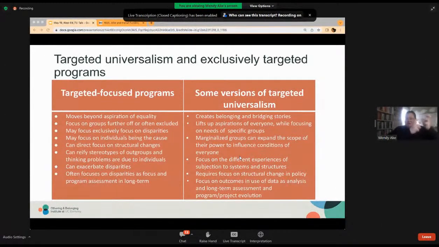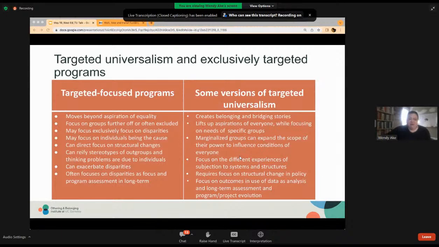Often, if you start to disaggregate those groups, which a lot of equity projects do, a lot of targeted programs take that into account. But it's easy to think of that white group as being the aspiration of wealth, rather than thinking about a fair outcome for wealth that would apply and lift up many groups, including those who are farther off. Sometimes that would focus on an individual as being the cause and distract attention away from structures.